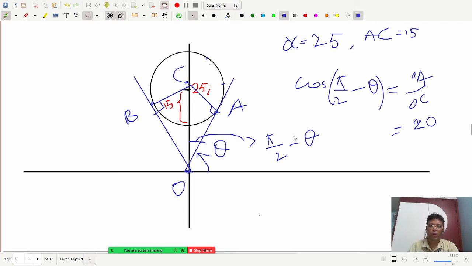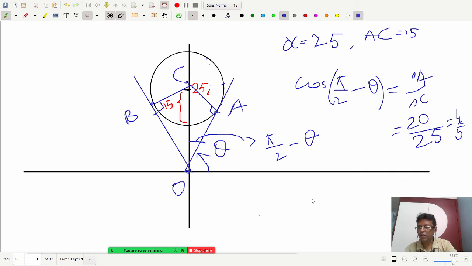So you can apply Pythagoras and get the value of OA. OA is 20, over OC which is 25, so 4 by 5. Got it? So cos of pi by 2 minus theta is 4 by 5.